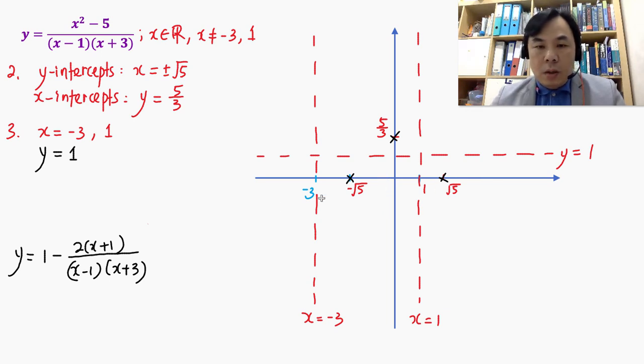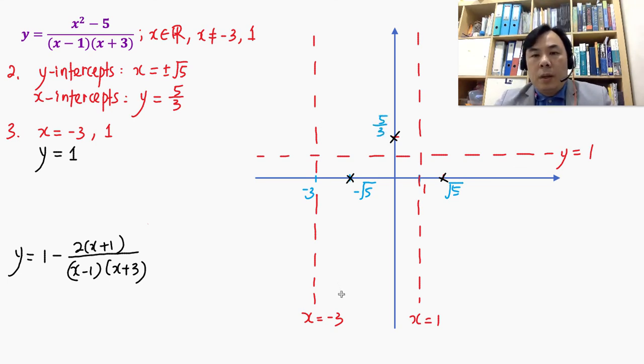Now I think I label all these correctly so that you can identify them. This is negative 5. This is 5 here, and then that is 5 over 3. Okay, we are almost done here.